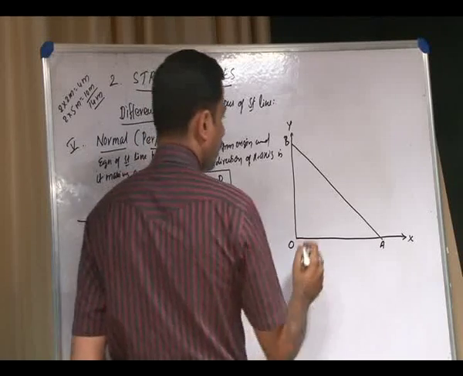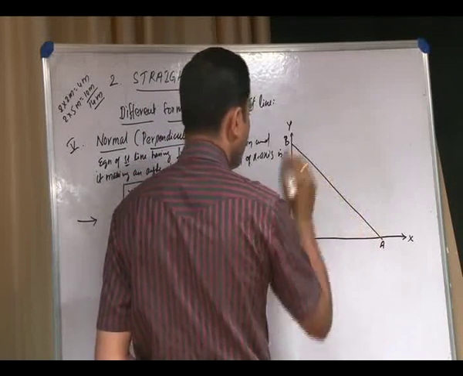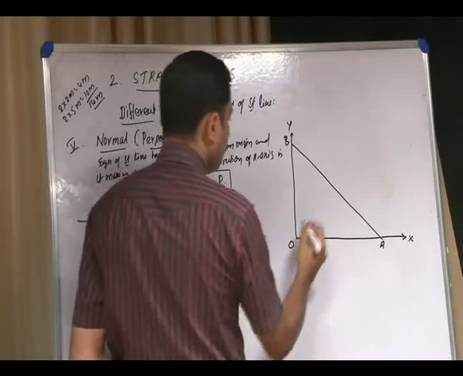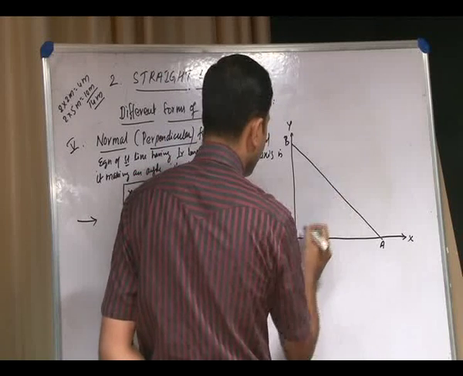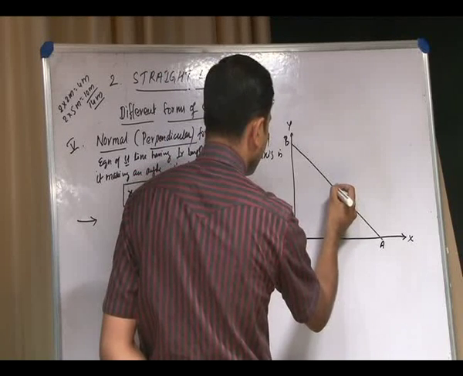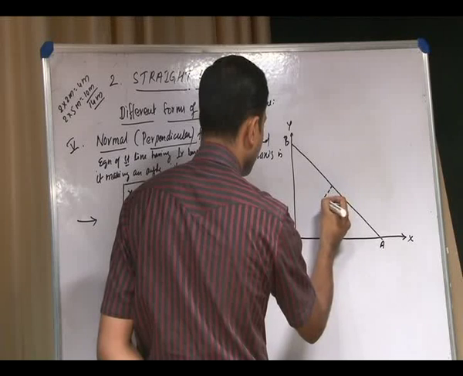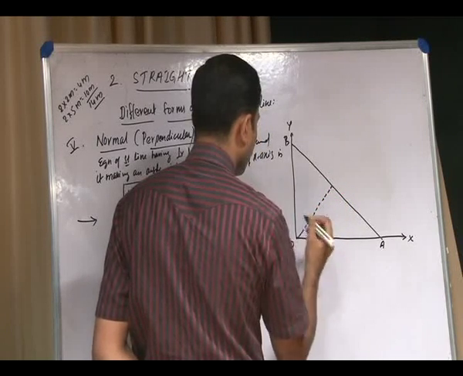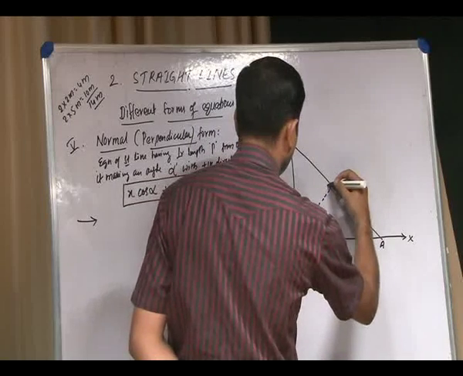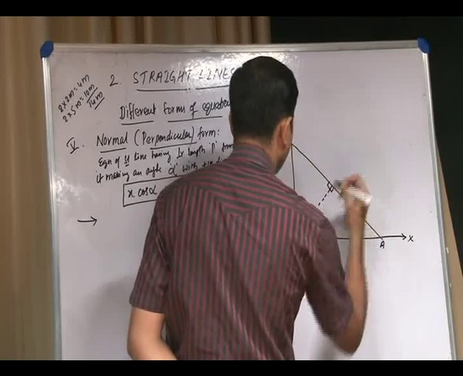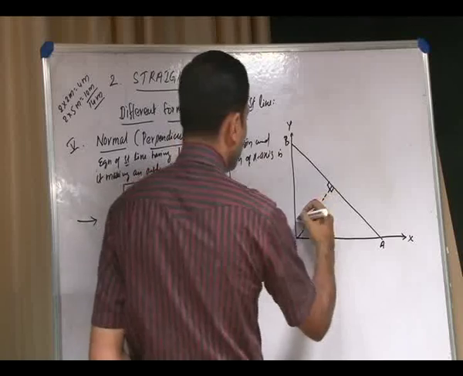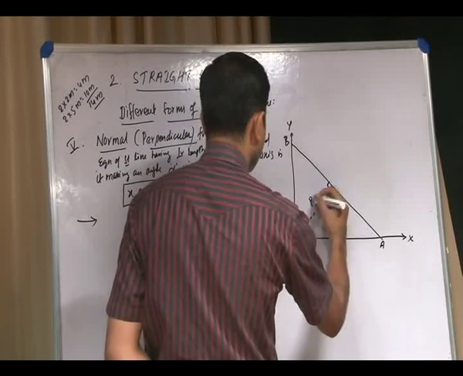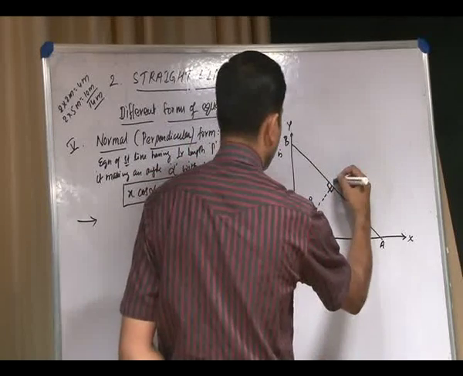It cuts off x and y axis at A and B respectively. Then draw one perpendicular from the straight line to the origin. This is the perpendicular drawn from the straight line to the origin, and the length of the perpendicular is taken as p. I will consider this point as N.